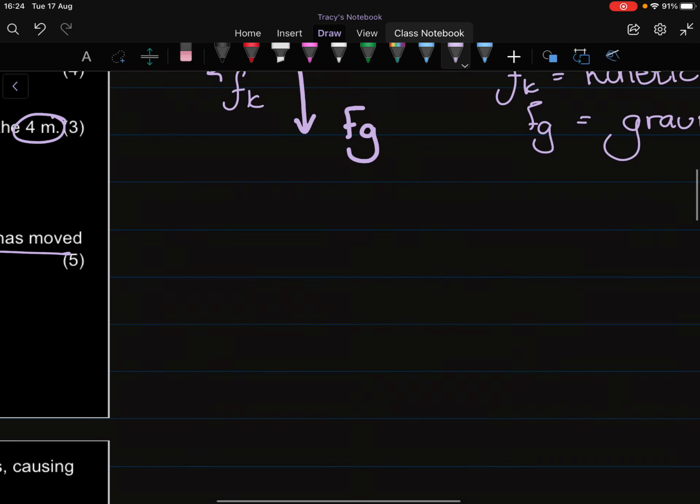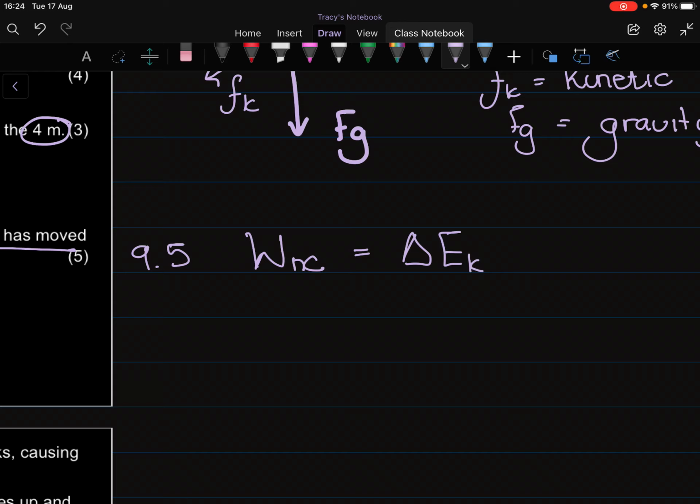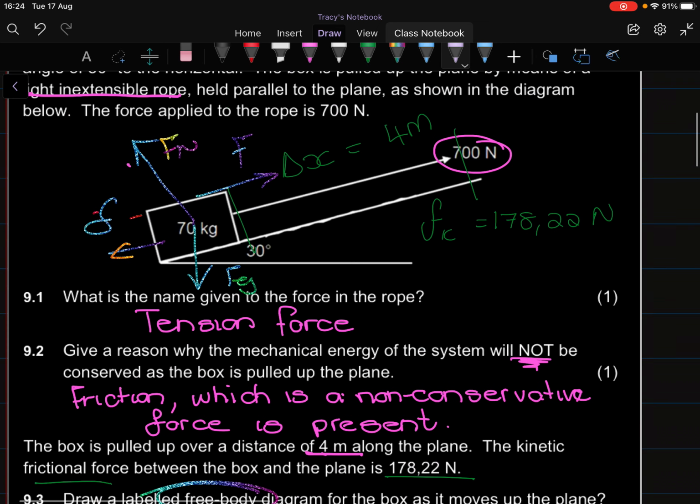It's work done, so we're looking at 9.5. Work done by the non-conservative force, which is what friction is going to be, changing EK plus changing EP. Changing EK is definitely what we're looking for. Changing EP is where this gets difficult for us, because I don't know that height.